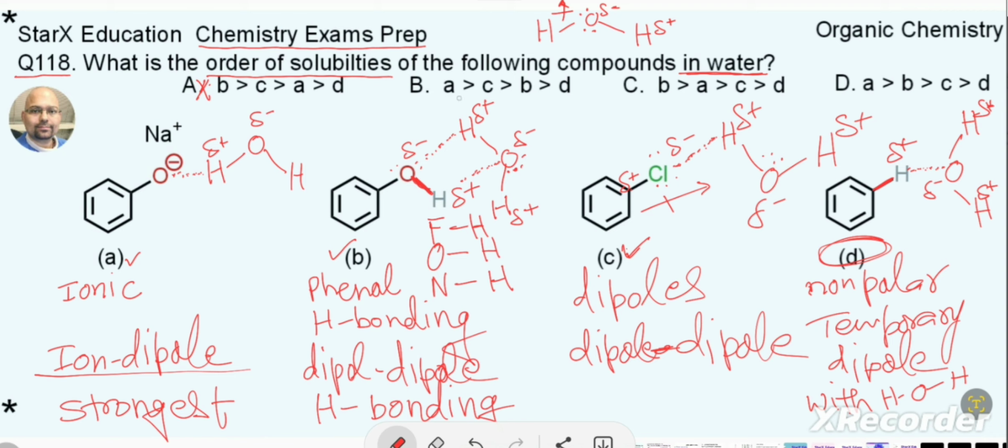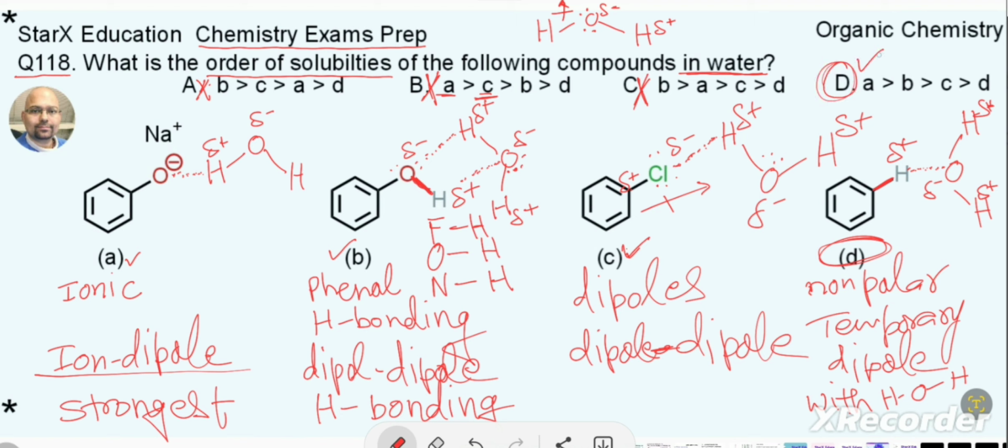Now choice B says B is more soluble than C, and C is more soluble than B. In this order it seems like a better choice, but there is a problem that it has C before B, so that choice is not correct either. Choice C says B is more soluble than A, A is more soluble than C, and C is more soluble than D. There is the same problem again: the solubility of A is highest, so that's not the right choice.